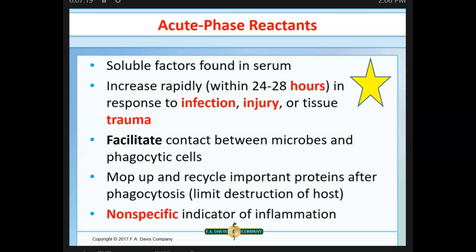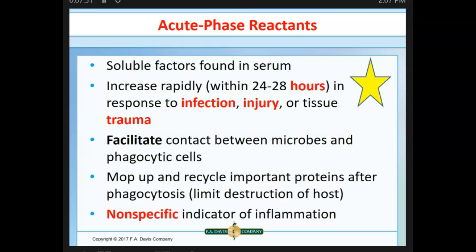They also mop up and recycle important proteins after phagocytosis. And this is important because we're going to learn later on that inflammation causes a lot of chemicals to be released in our body. You may have heard in the news in relation to coronavirus, the cytokine storm. These are chemicals inside your body that are released all over, and it's kind of like mini explosions all over your body, and it can do tissue damage.